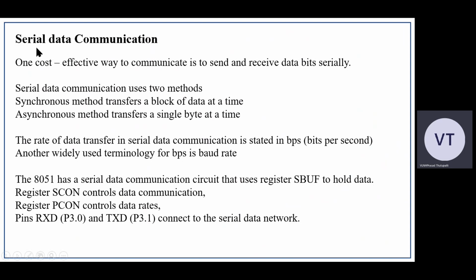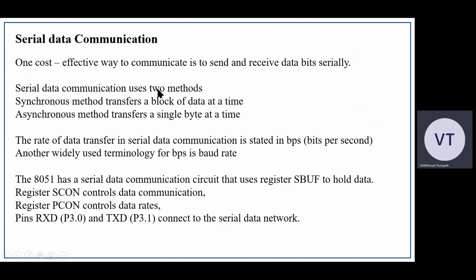Coming to serial data communication, the microcontroller comes with serial communication UART, USART, Universal Synchronous Asynchronous Receiver and Transmitter. You can send the data serially, and you can receive the data serially. The number of bits per second is called the baud rate.